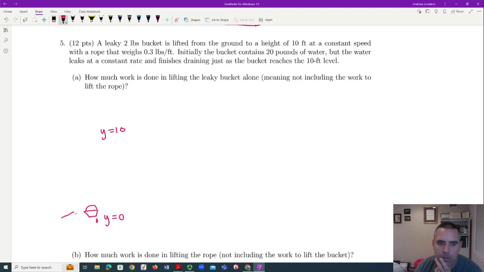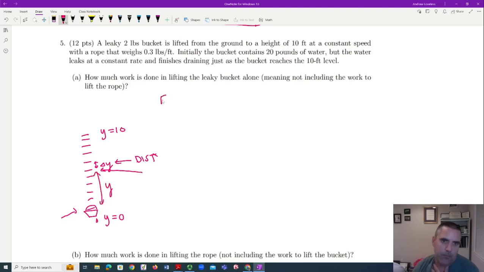And this is one object that's getting lighter as it goes. What we're going to do is picture how much work is done in each of these segments, meaning from here to here. We're going to call that delta y. So in this setup, we're thinking of that as the distance. And the question we're going to ask is, when it gets there, how much does it weigh?